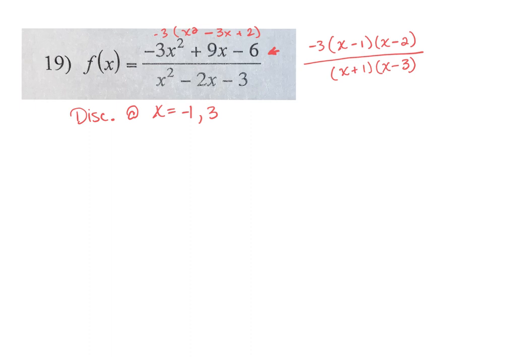I've answered one question. This also helps me with the domain. These are the only 2 places on the real number line that I can't have an x. So my domain is going to be everything but those 2, right? So for my domain, I can say x is all numbers except it cannot equal -1 or 3.